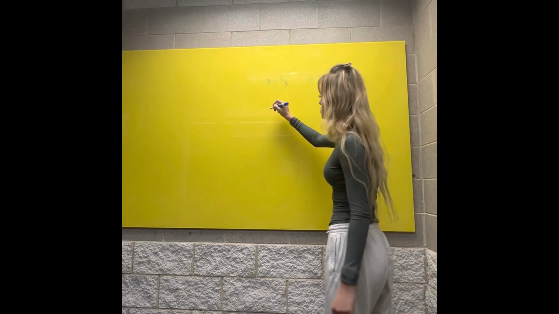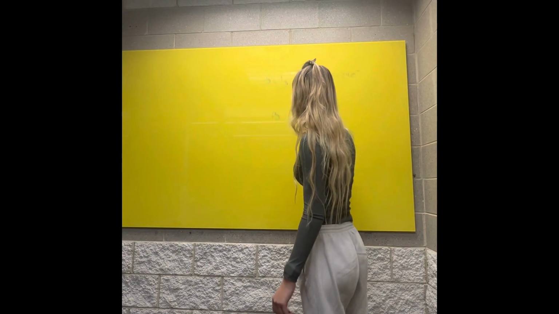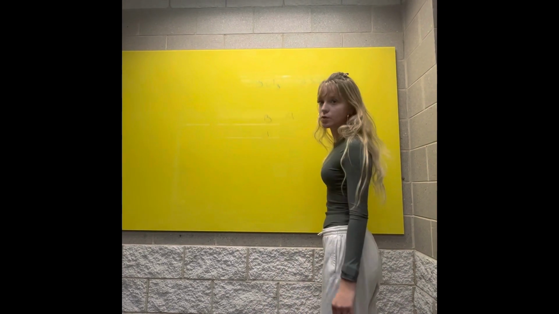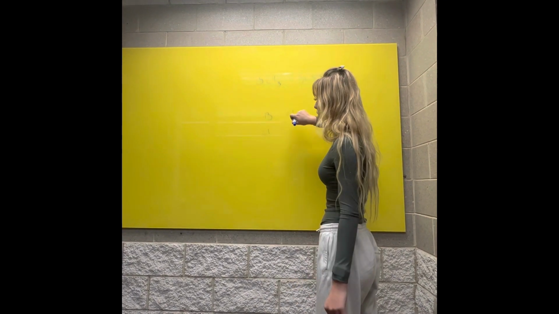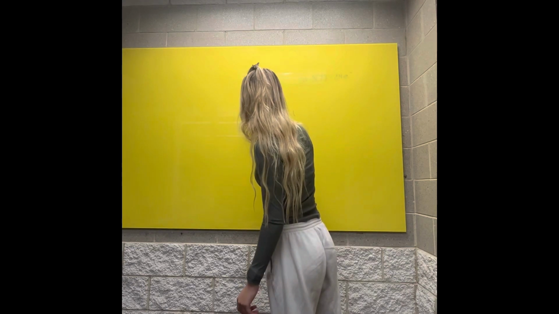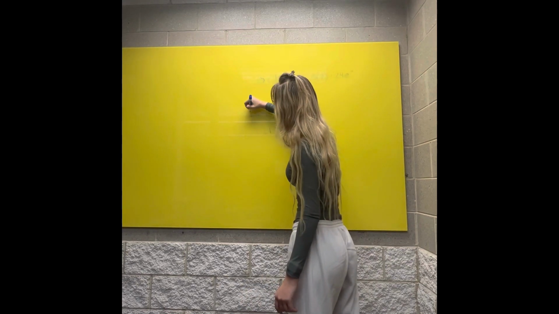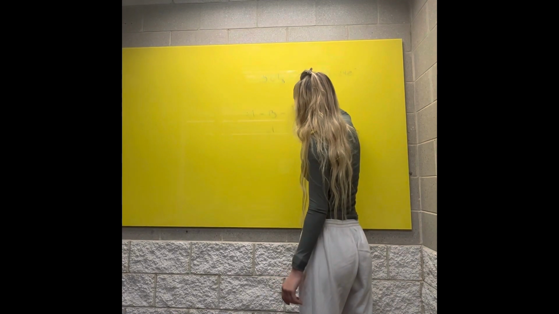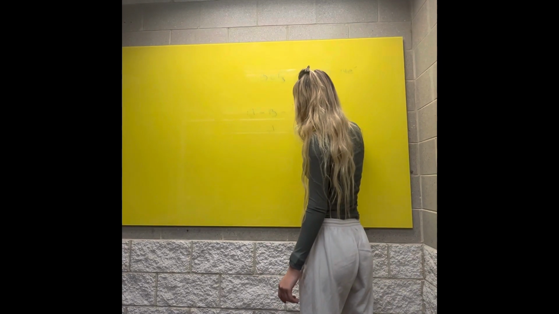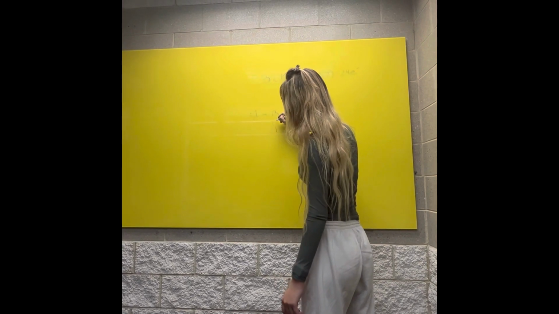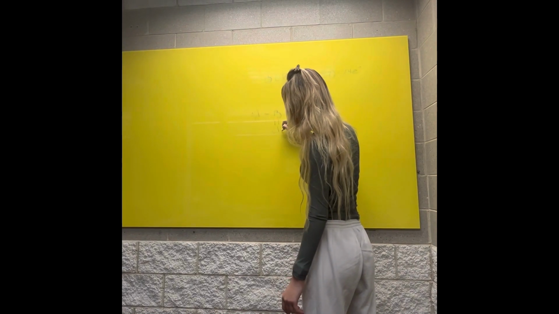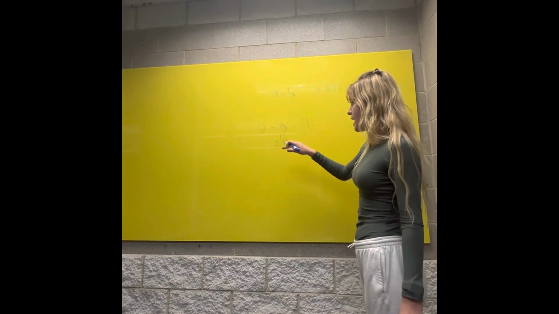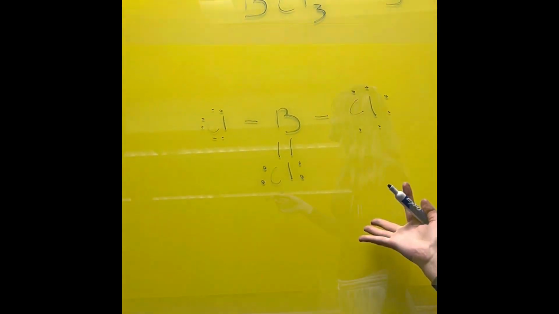When we draw the structure, we'll put boron in the middle since it is the least electronegative, and then we will distribute all 24 electrons following the octet rule for every single atom. We have 1, 2, 3, up to 24 electrons total, and each atom satisfies the octet rule.